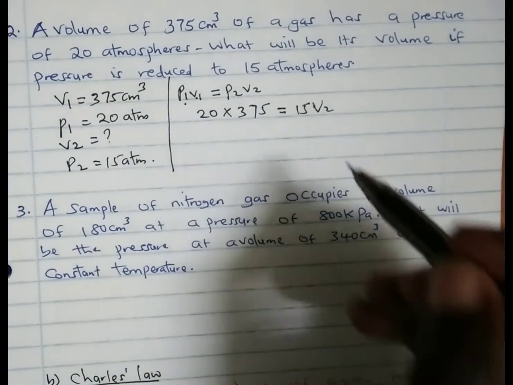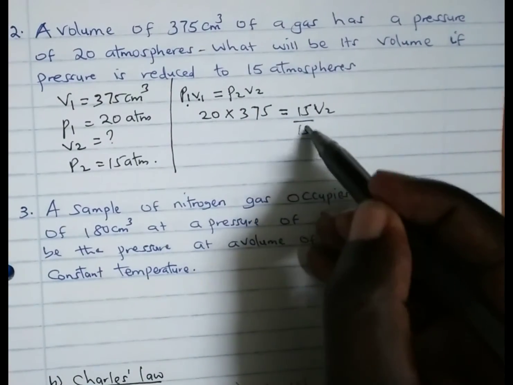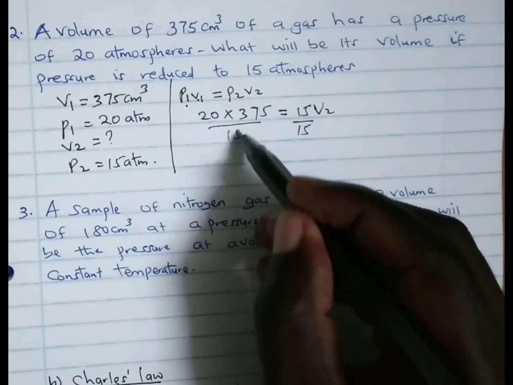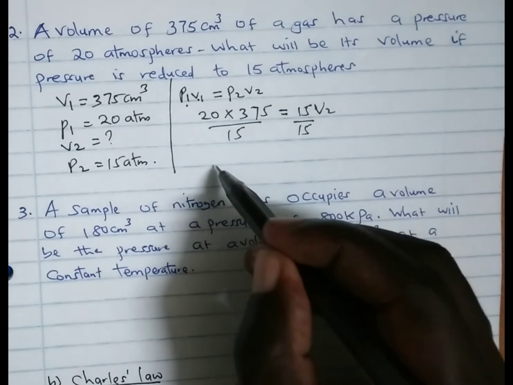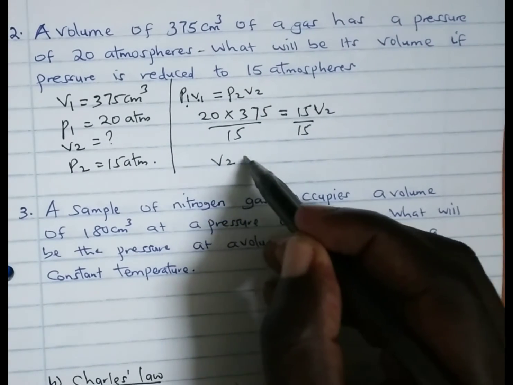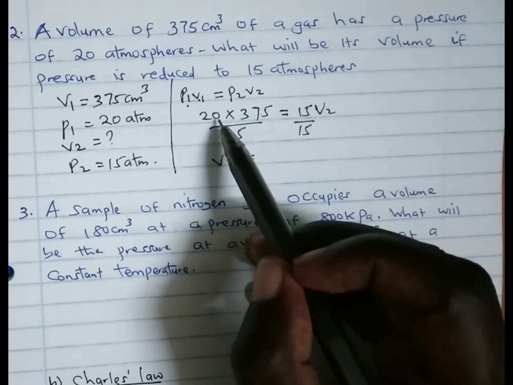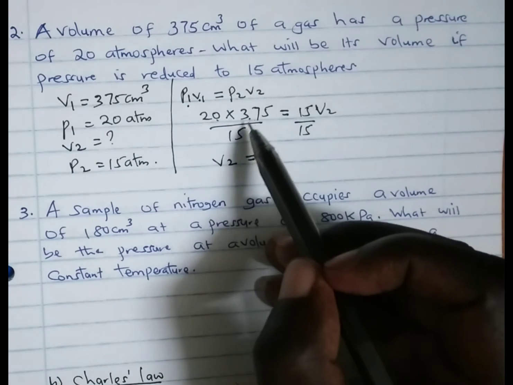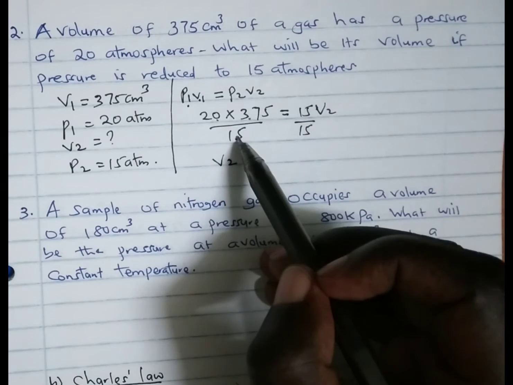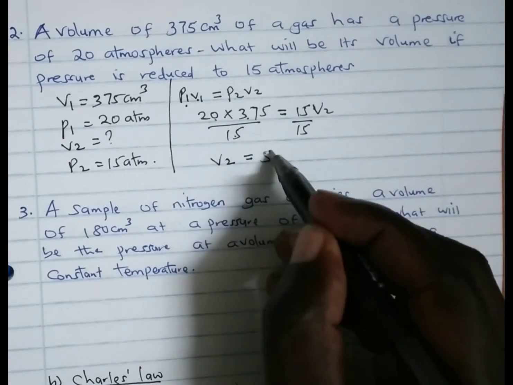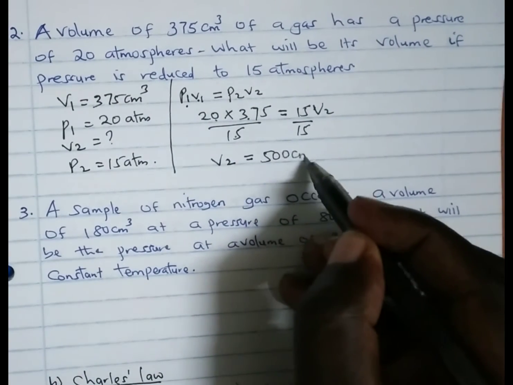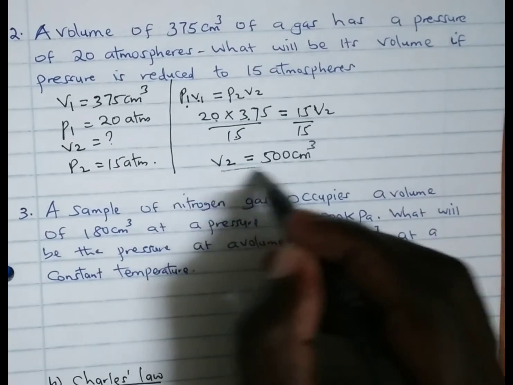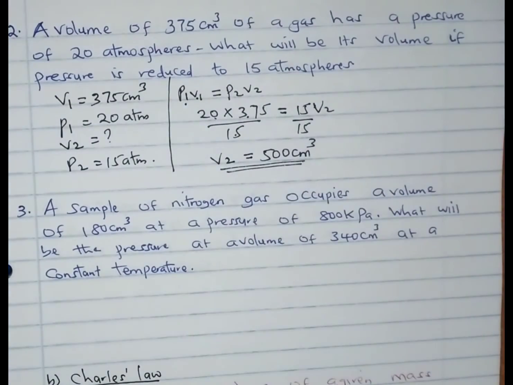From there, we divide by 15 on both sides. 15 and 15 will cancel, so that we remain with volume 2, and volume 2 will be equal to 20 multiplied by 375, everything divided by 15, and this will give us 500 centimeter cubic as volume 2.